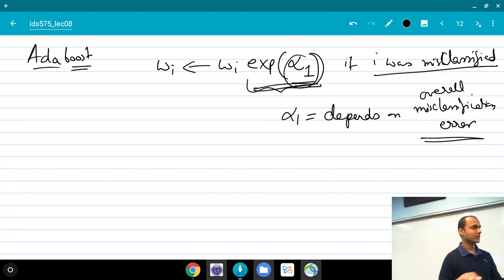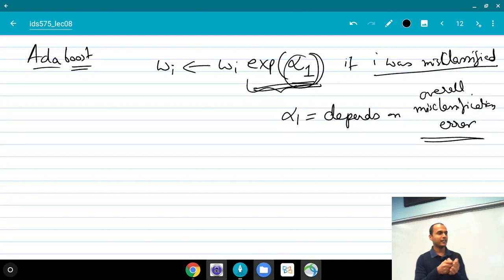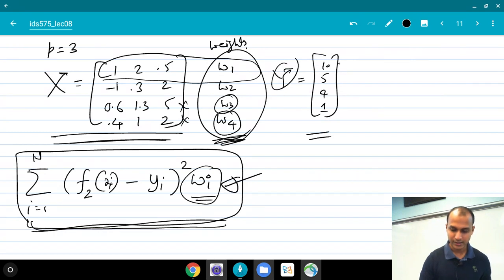Given these descriptions, the AdaBoost description is complete. You start with a simple weak classifier. You don't want to purposefully misclassify anything, but you may misclassify some points, upweight those points, and build another classifier, from the same class potentially, or a different class, it doesn't matter, with this weighted loss function.